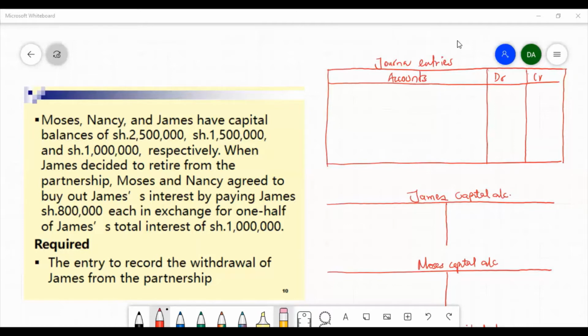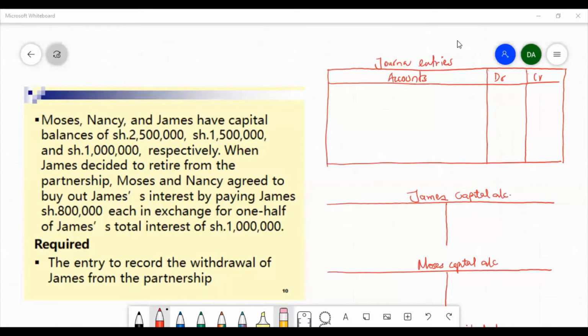In this case, the transaction is between the partners themselves. Therefore, the partnership is not involved in terms of contributing assets. Because of that, the accounts of the partnership will not be touched by this transaction in terms of the compensation, which is 800,000.